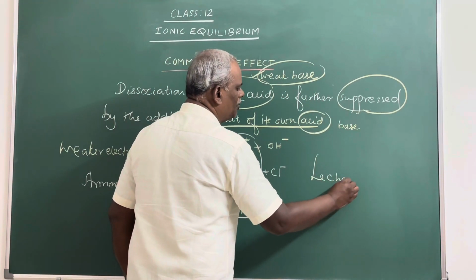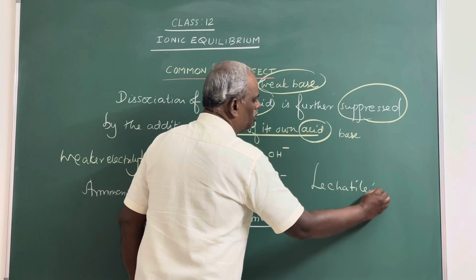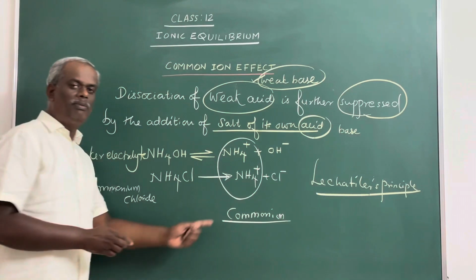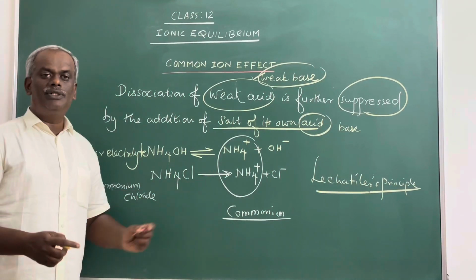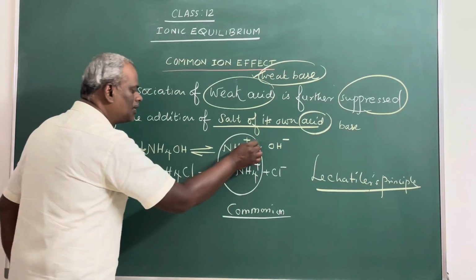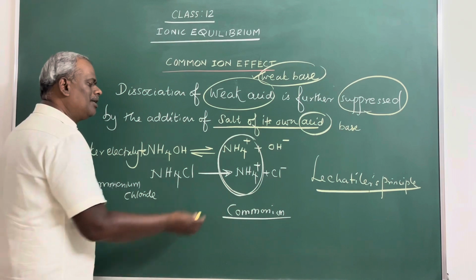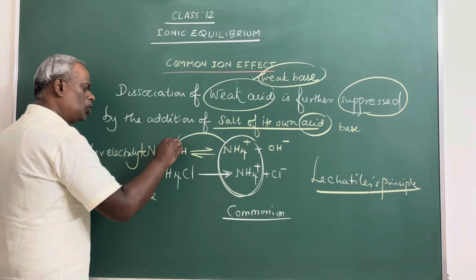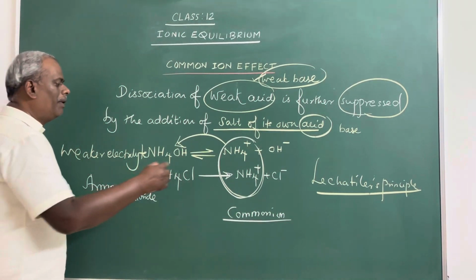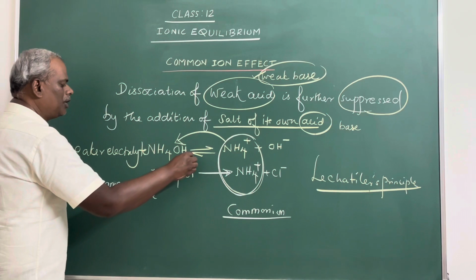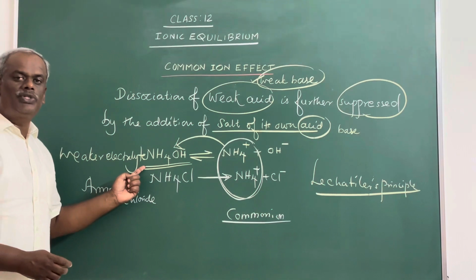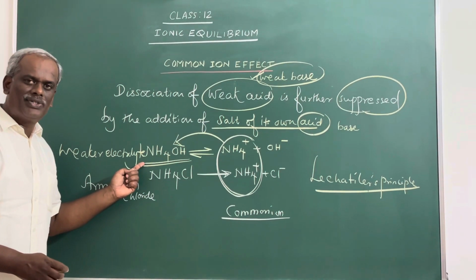Based on the Le Chatelier principle, we know that when any constraint or disturbance is placed on a system at equilibrium, the system will adjust itself to nullify the effect of the constraint. We are trying to increase the concentration of NH4 plus, and the equilibrium is adjusting itself to become a backward reaction, in which the equilibrium is shifted, so that we can have plenty of undissociated or unionized ammonium hydroxide.